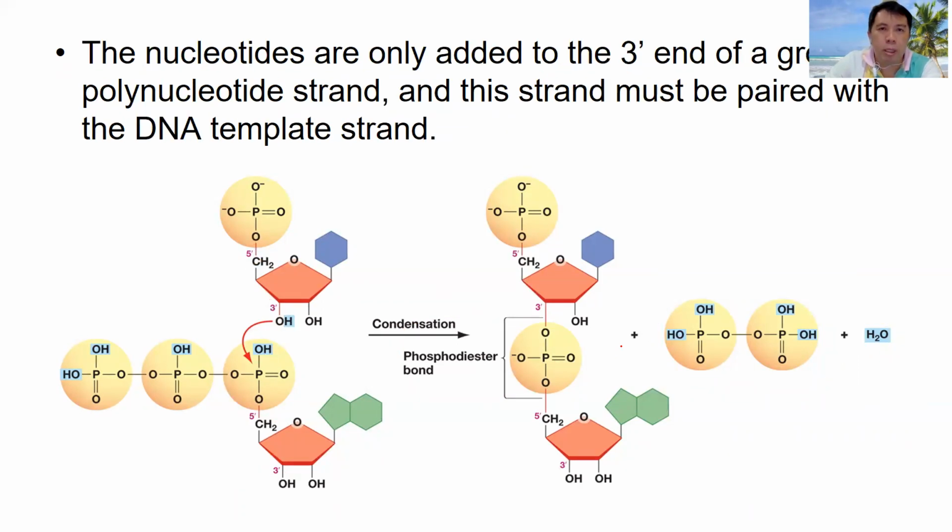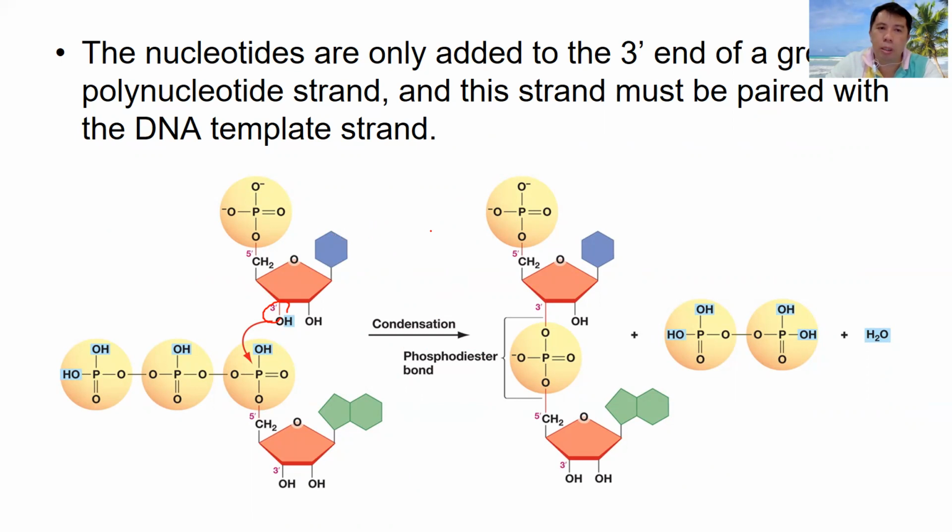As you see, nucleotides are added to the 3' end here, and the strand must be paired with the DNA template strand. So here they have another DNA template strand. The nitrogenous base must form a complementary base pair with the nitrogenous base in the template strand.